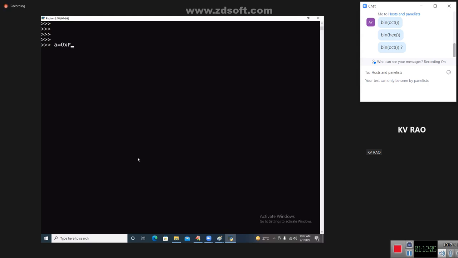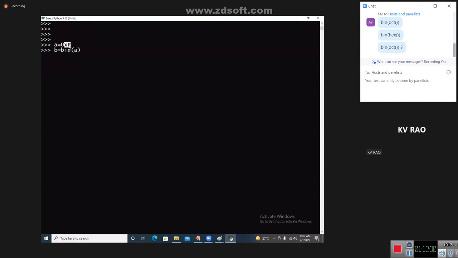I am taking 0xf. See that, 0x means which type? All of you, 0x means which type? Come on, students. Hexa. I want to convert into which type? Come on, bin of A.